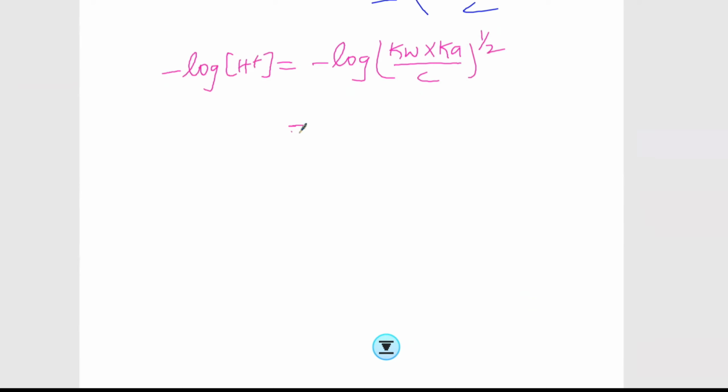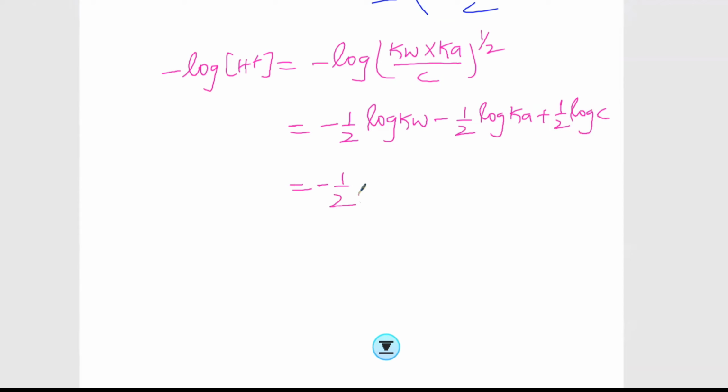This can be written as minus 1 by 2 log KW minus 1 by 2 log Ka plus 1 by 2 log C. So minus 1 by 2 log 10 to the power of minus 14, minus 1 by 2 log Ka, plus 1 by 2 log C.